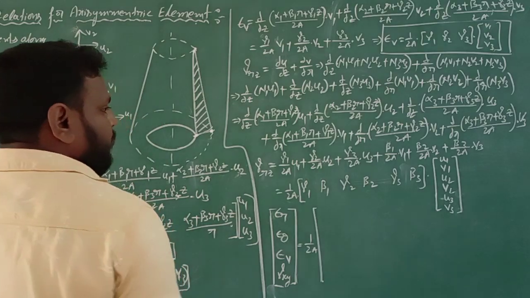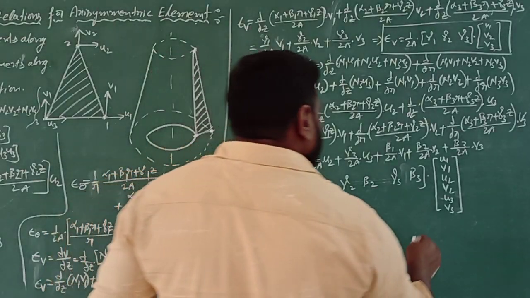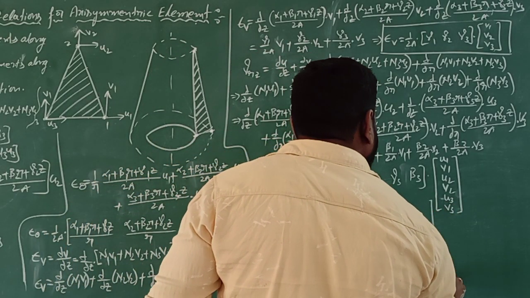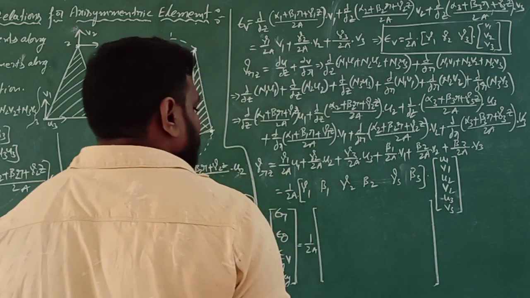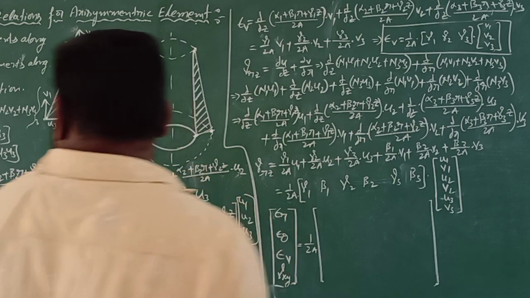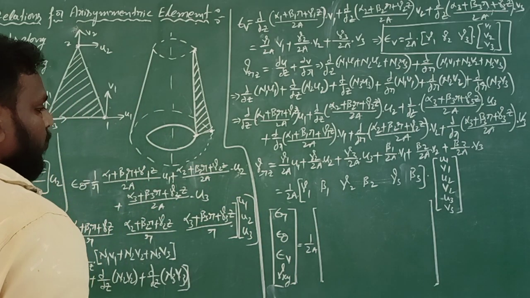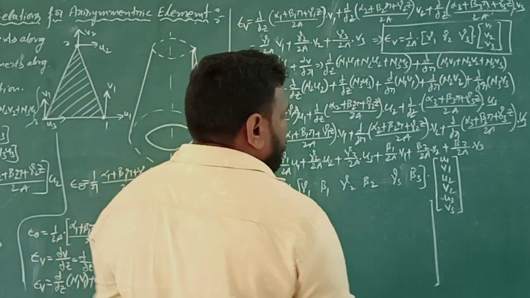So first we got u1, u2, u3 values: beta 1, beta 2, beta 3 into u1, u2, u3.